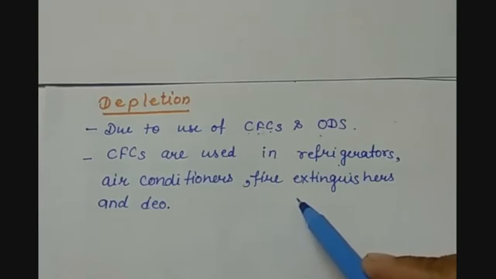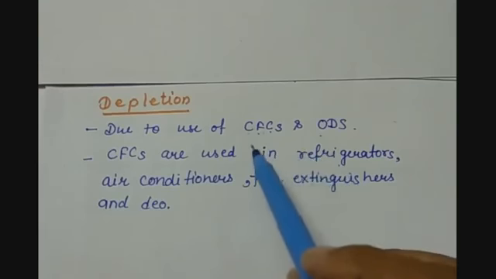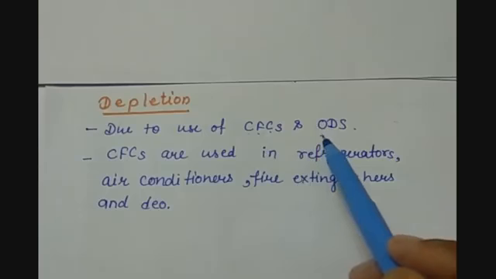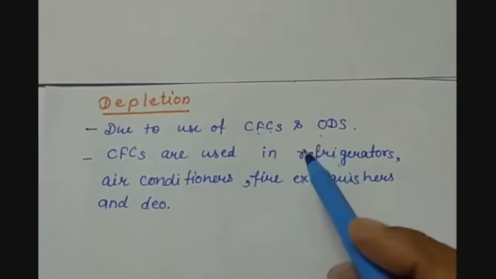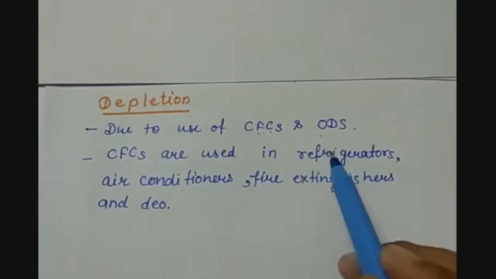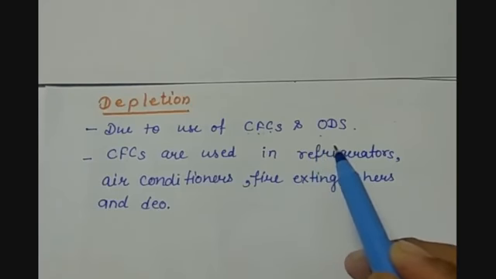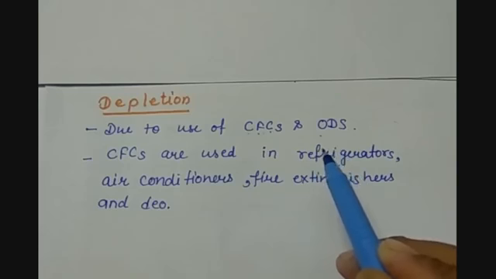Because even if we start using products which are free of CFCs and ODS, it will take hundreds of years to recover that ozone hole or that depletion in the ozone layer that has already taken place.